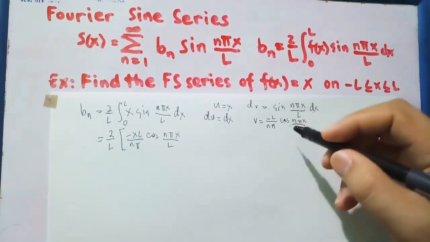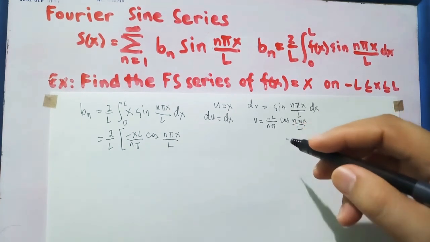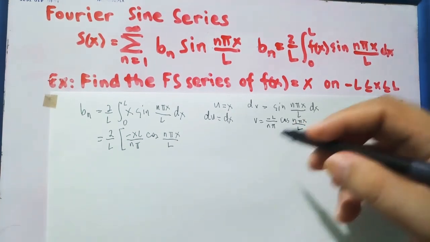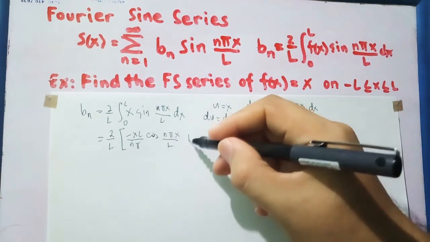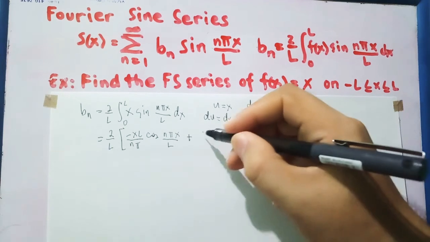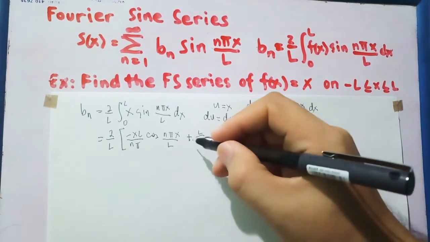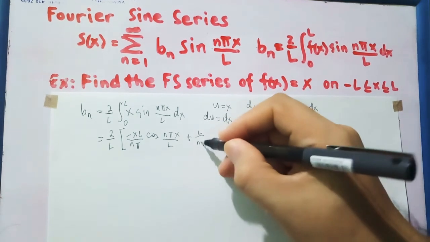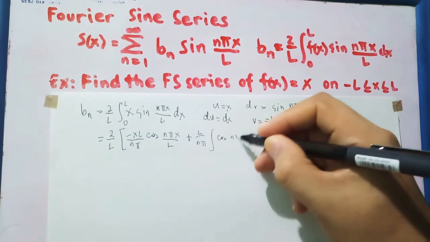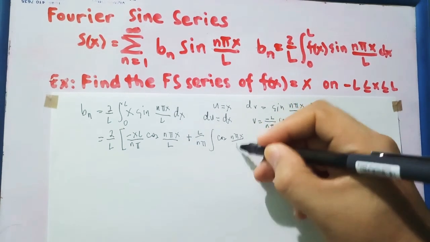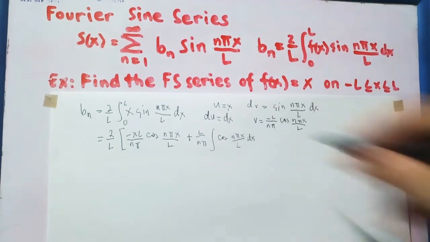So minus times the negative becomes positive. So we have u times v plus L over n pi, the integral of cosine of n pi x over L dx, that is v du.